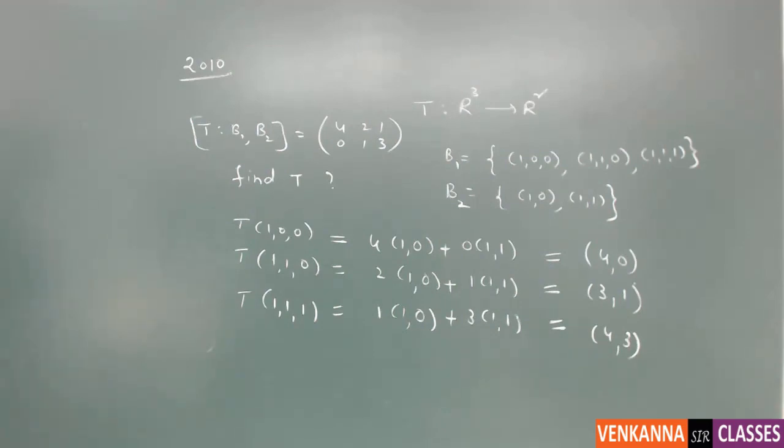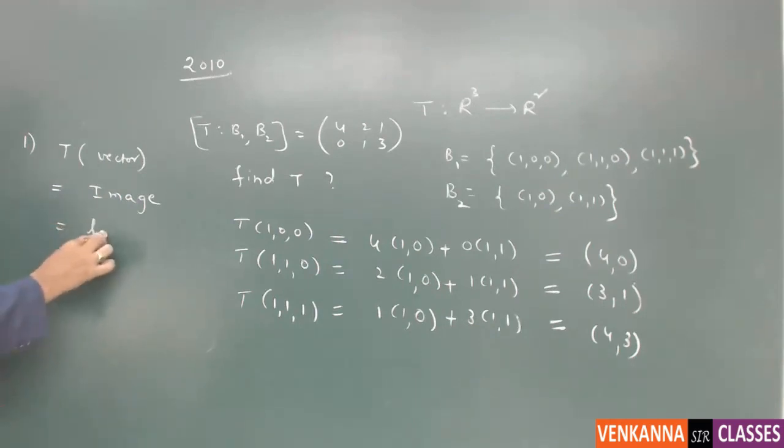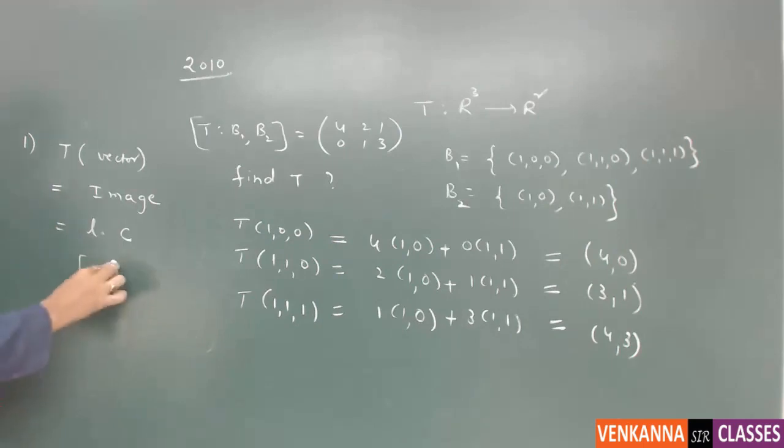Let me say how actually we write the matrix of the transformation. The first step is we apply T to a vector. Then you will get an image. For this image, we will write a linear combination. In this linear combination, scalars are written as columns of a matrix.